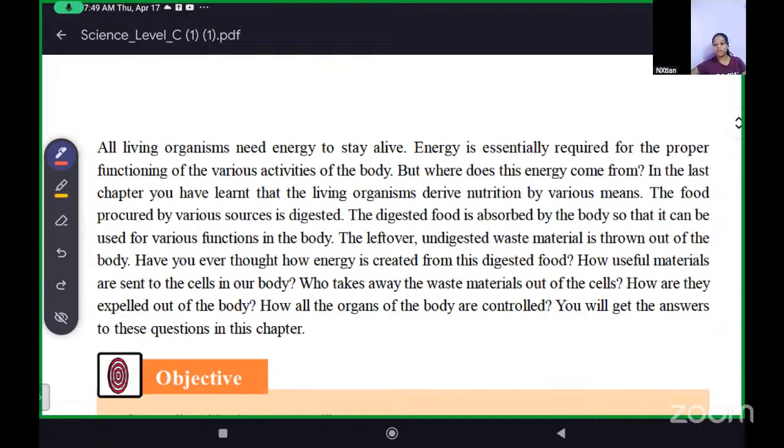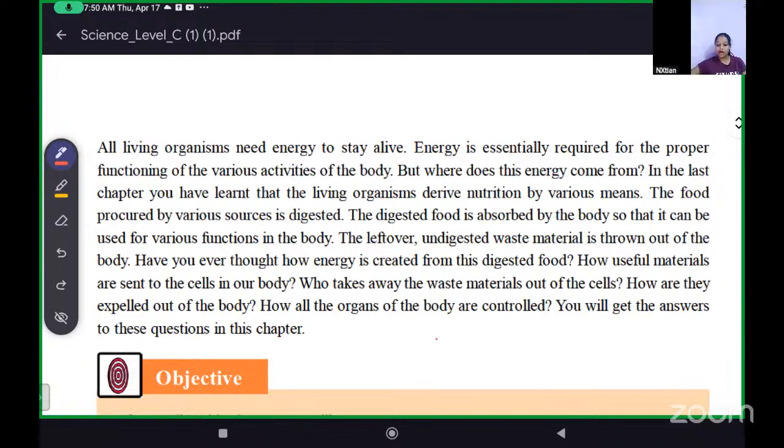The digested food is absorbed by the body so that it can be used for various functions, and the leftover undigested waste material is thrown out of the body. How energy is created from this digested food, we will see.